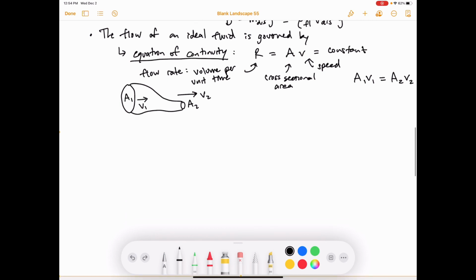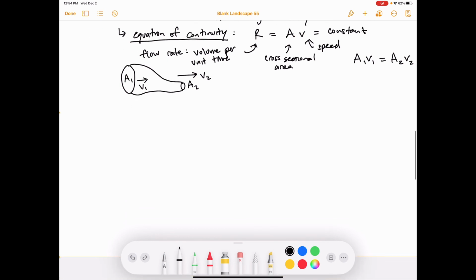Okay, we also have Bernoulli's equation. So Bernoulli's equation tells us that there's another quantity that stays constant in an ideal fluid, which is pressure plus 1/2 times density times the speed squared plus density times g times height.